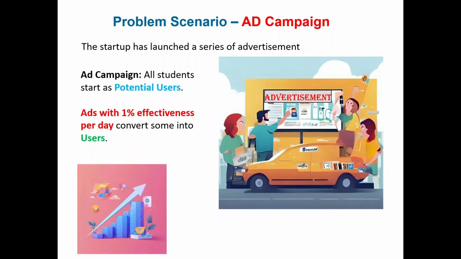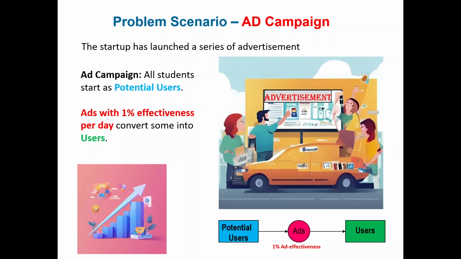So all students, at the start of the problem, are potential users, and with the advertisements having a 1% effectiveness ratio, these advertisements will convert the potential users to users. So graphically, potential users, when they come across the ads which have some ad effectiveness, will become users.